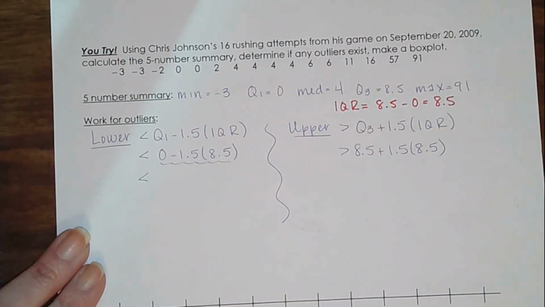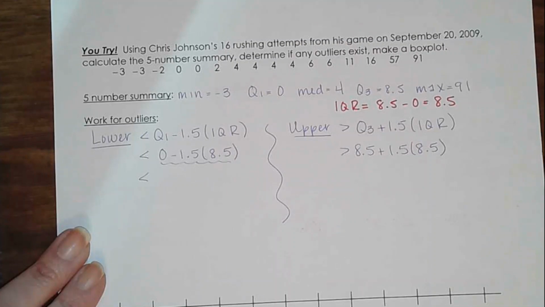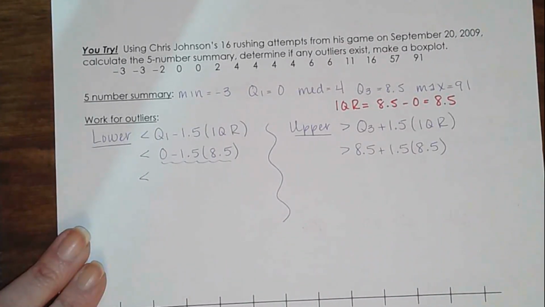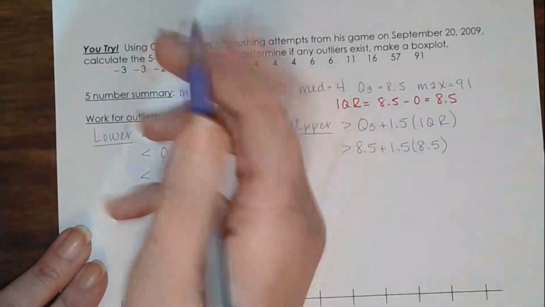Outliers in the lower direction would be less than what number? Plug in 0 minus 1.5 times 8.5. What do we get? Less than what number? Good, -12.75.